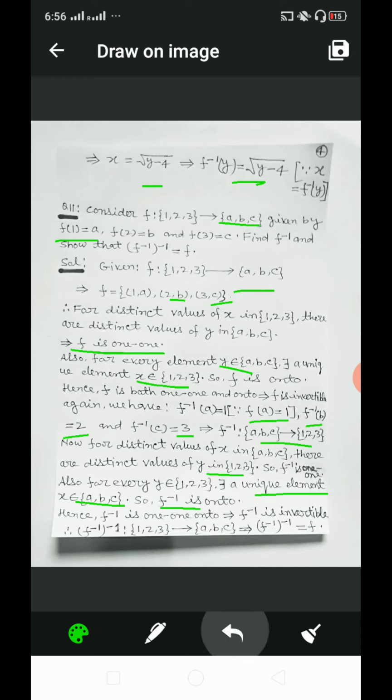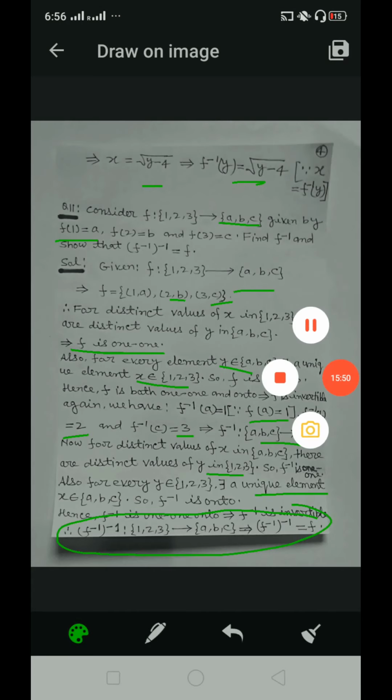Hence f inverse is also one-one and onto, implies that f inverse is invertible. So inverse of f inverse is from the set {1, 2, 3} to the set {a, b, c}, which implies that inverse of f inverse is equal to f. Thank you.